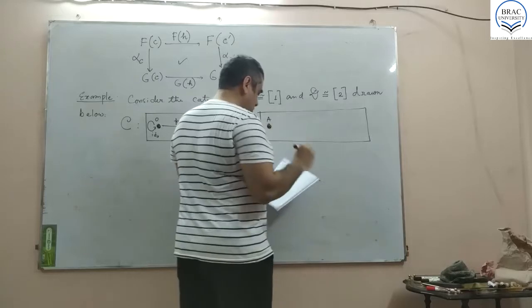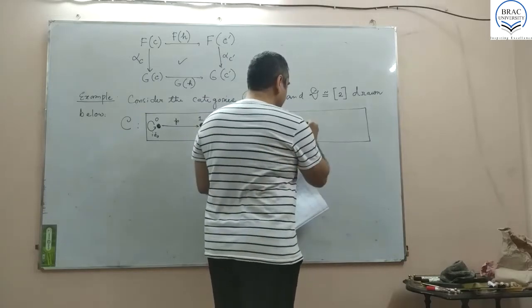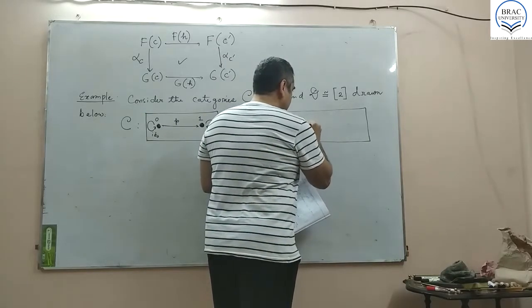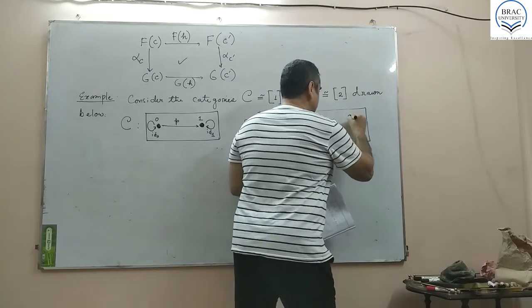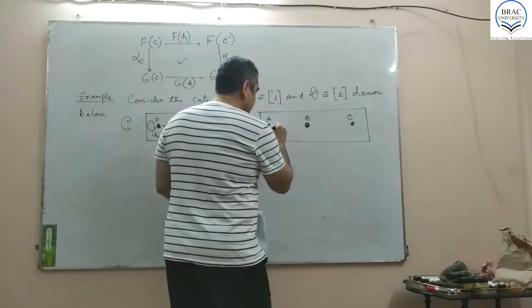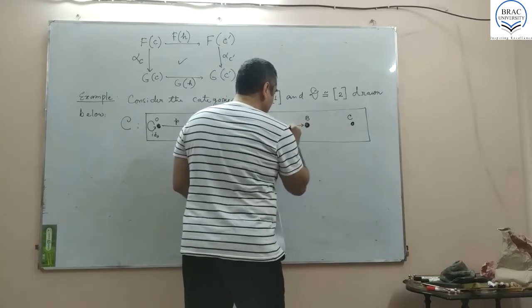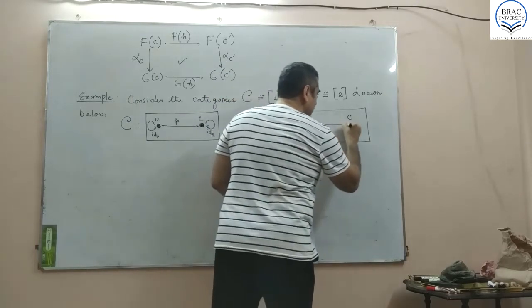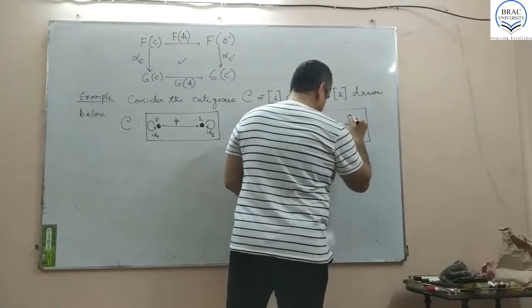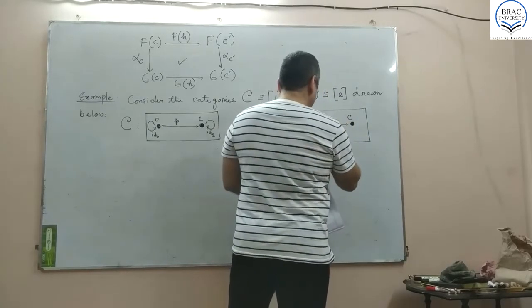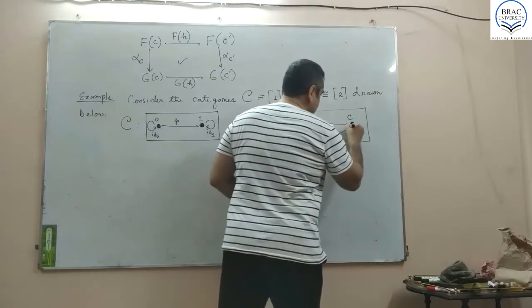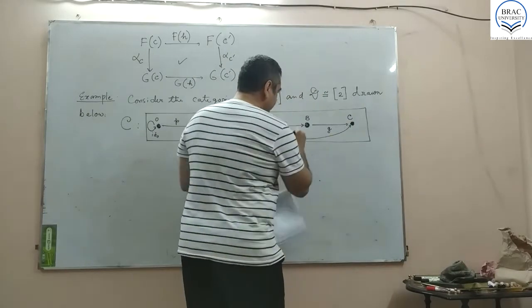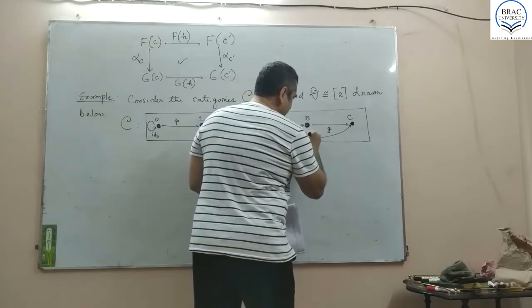Let us call one of them A, another B, and the remaining one C. From A to B, we have an arrow F. From B to C, we have this arrow G. And from A to C, we have the arrow H, which is nothing but the composite.